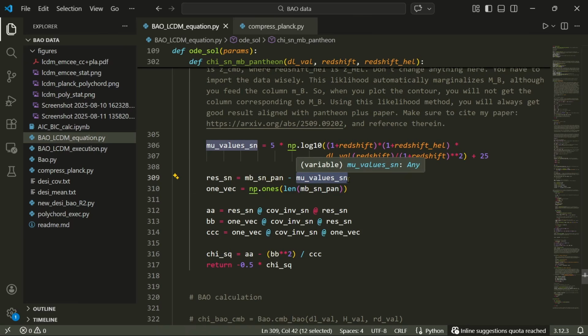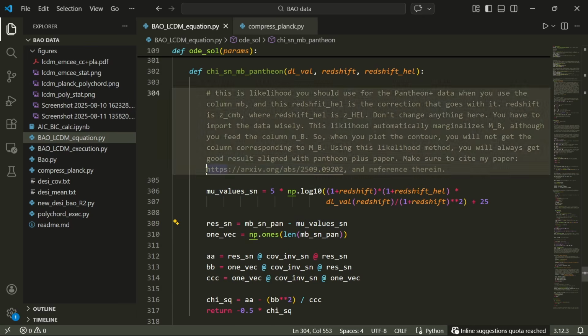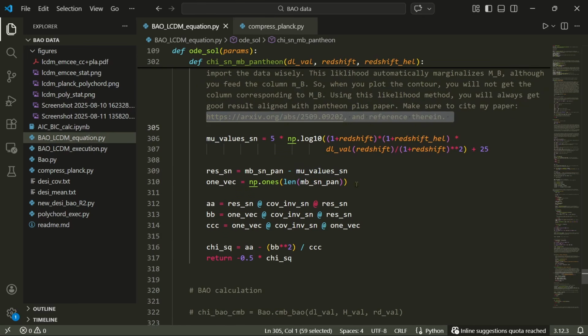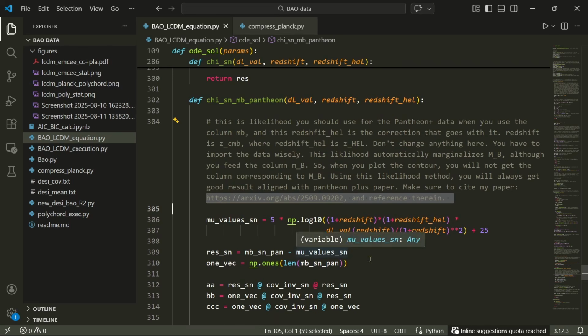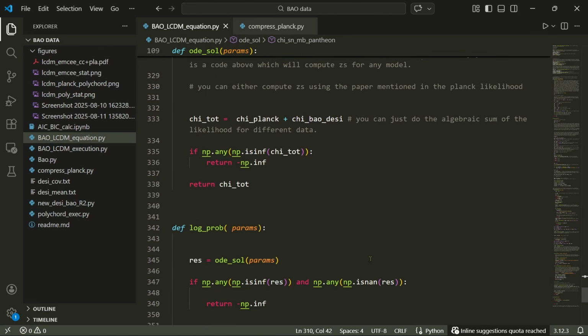Because these two things will automatically get cancelled out. So there is a way to marginalize this capital MB, and you can find it just by following this paper. This is one of my papers, and you will easily get it. You don't have to learn everything. It is just a technical aspect.